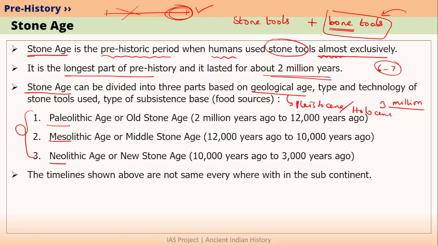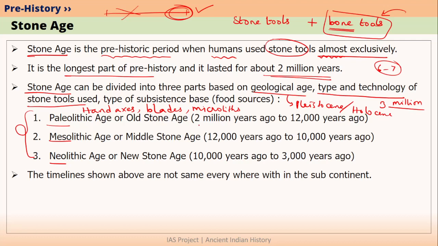Next, on the basis of the type and technology of stone tools used. Were they using hand axes? Were they using blades? Were they using microliths? We will discuss individual stone tools later, but for now let's understand that depending on the type and technology of stone tools used also, the Stone Age has been divided into 3 phases.